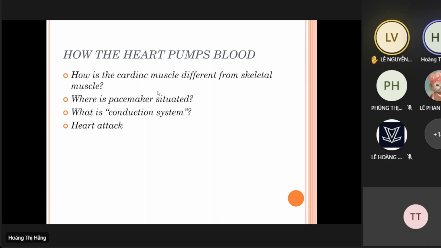Okay, now you can imagine the route of blood flow. When you get older, you tend to pee in the middle of the night during your sleep. You need to get up and go to the toilet. This is because your kidneys cannot work really well.